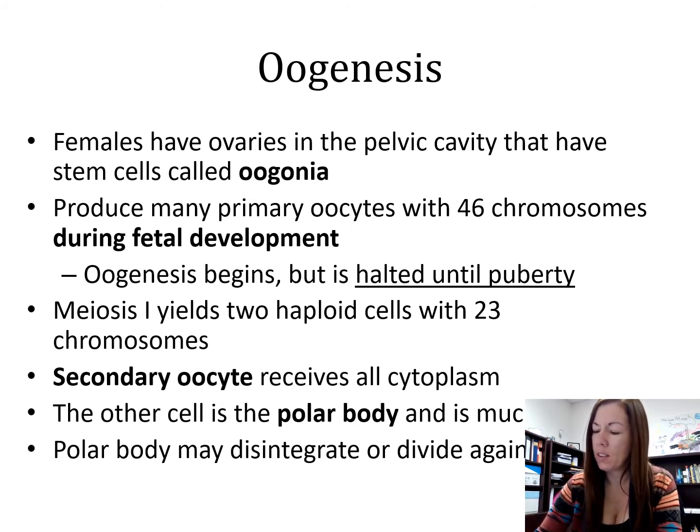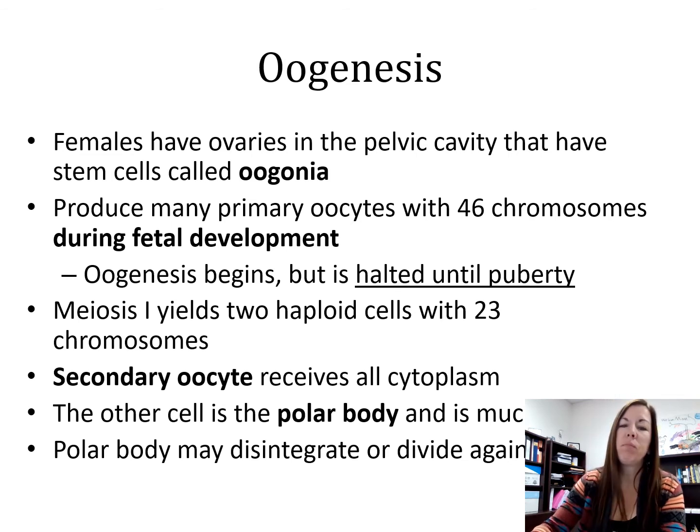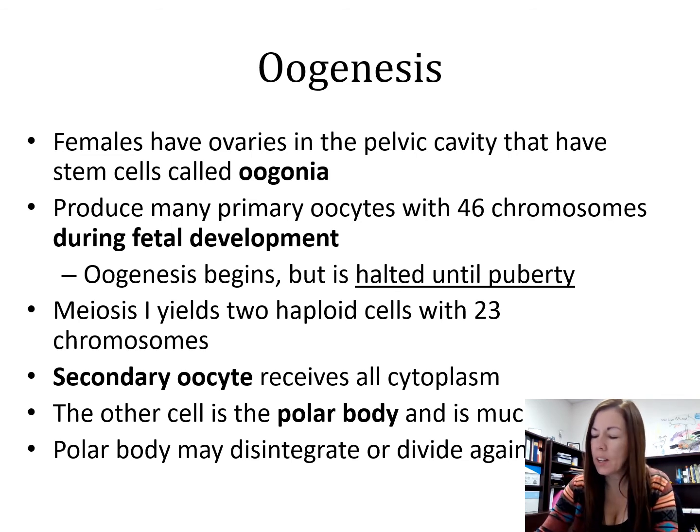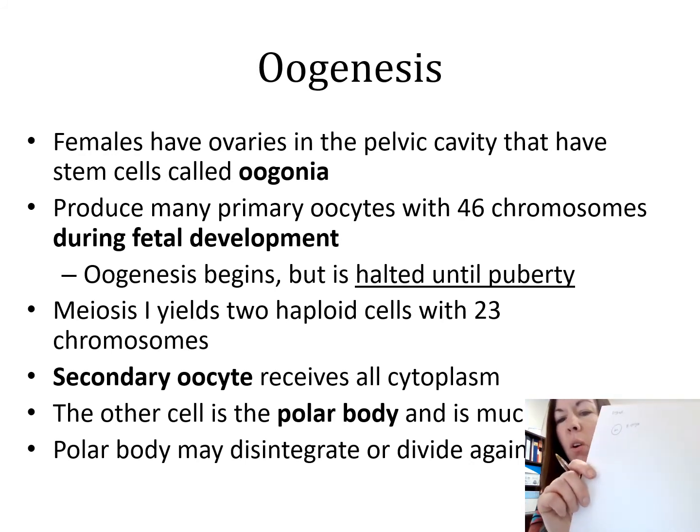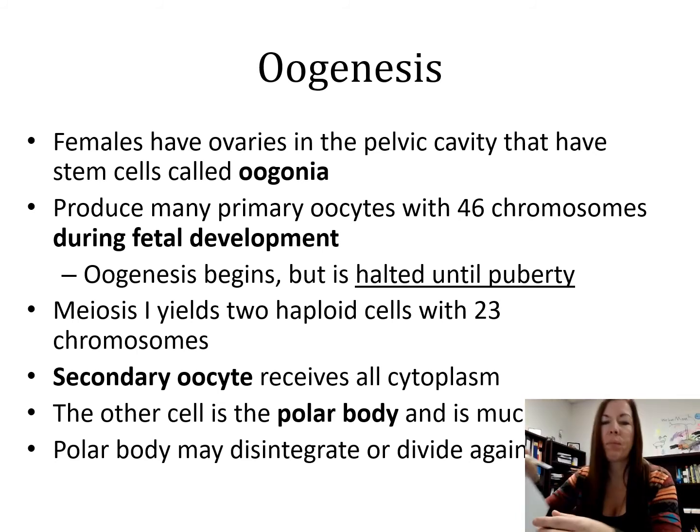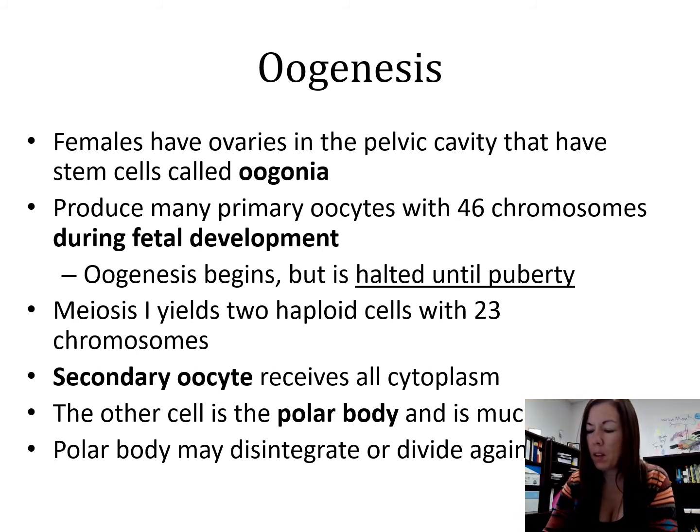So, let's do some oogenesis drawings here. This gets really hairy, but it's interesting. So you've got your primary oocyte there, which is diploid. Meiosis 1 happens.